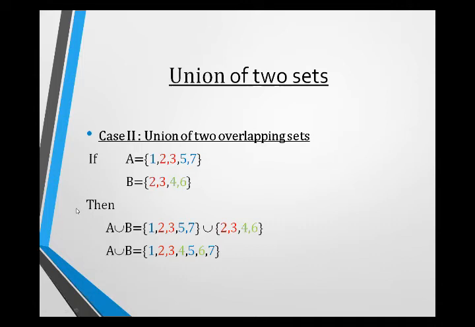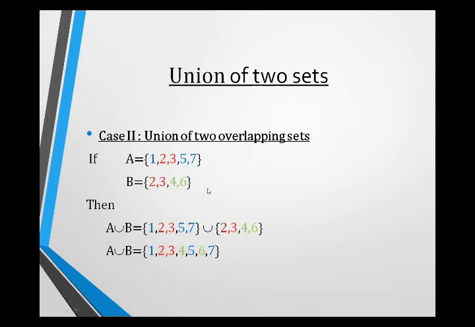Here we find three categories of members. Category number one is those which are members of set A and not in set B; those numbers are 1, 5 and 7. Category number 2 is those which are only members of B but not in set A; that is 4 and 6.